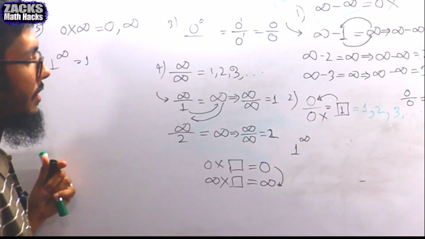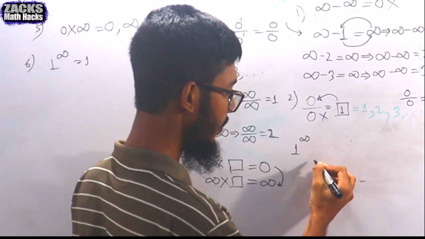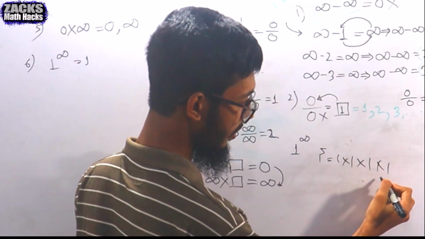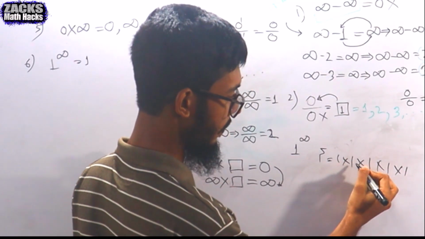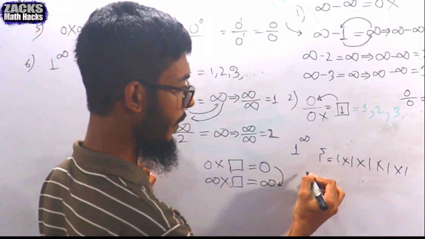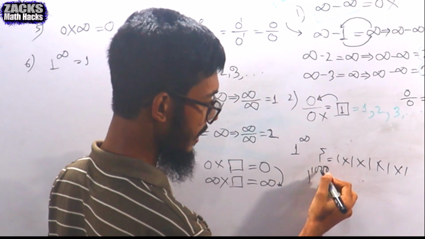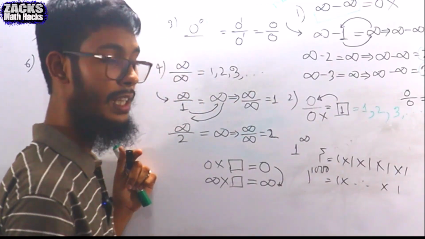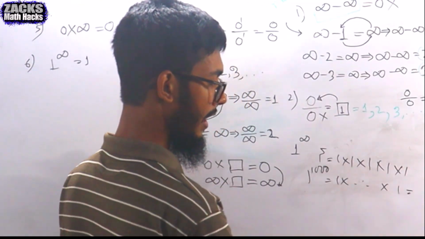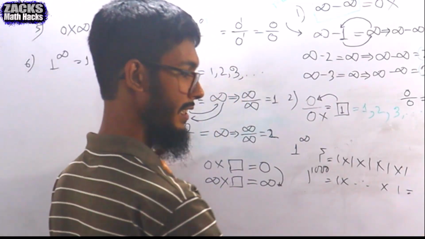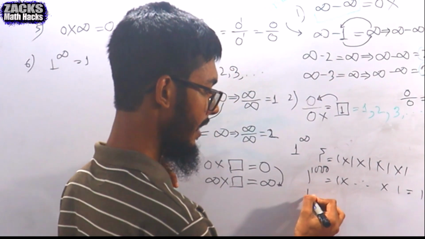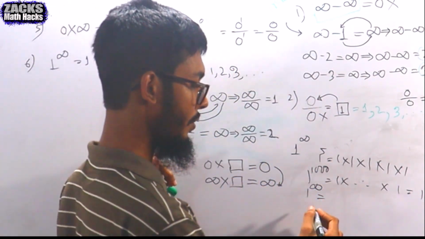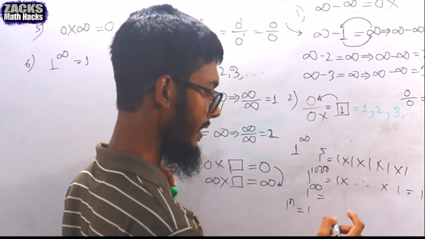We know 1 to the power 5 means 1 multiply 1 multiply 1 multiply 1 multiply 1. 1 to the power 1000 means 1 multiplied 1000 times, so the answer will certainly be 1. In the same case, 1 to the power infinity. 1 to the power n, we know, is 1, right?